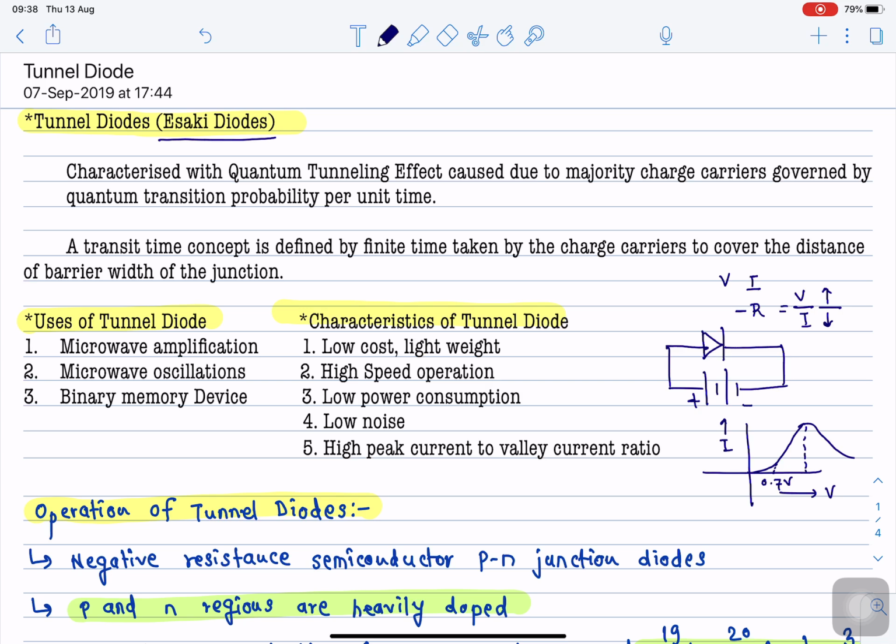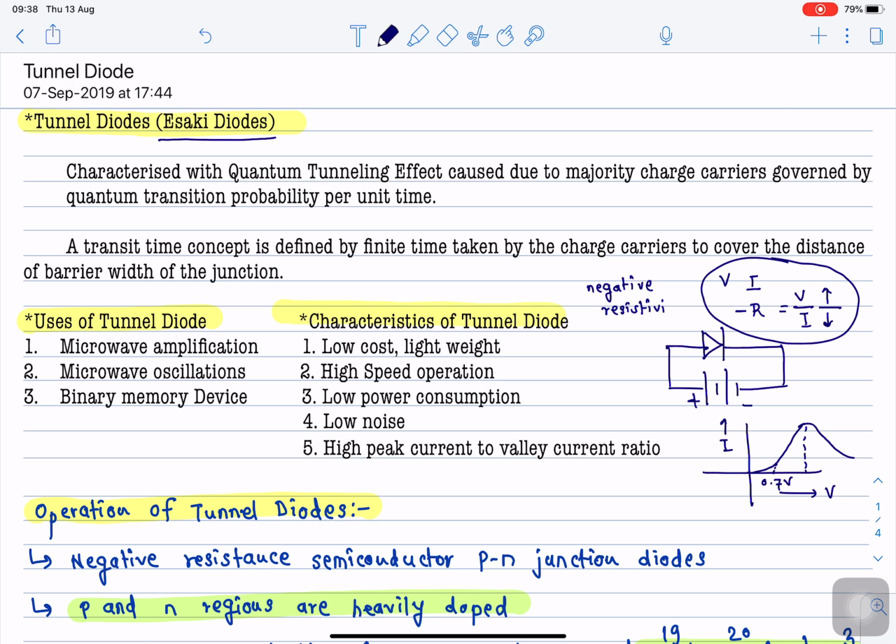So in order to possess this property, the devices must be constructed with certain different types of material. Here, the tunnel diode we are going to discuss possesses this property of negative resistivity. Okay, so this is the property of negative resistivity. I write it here.